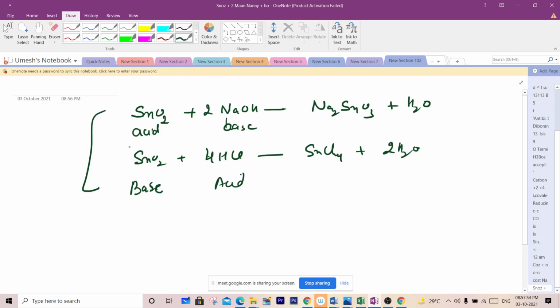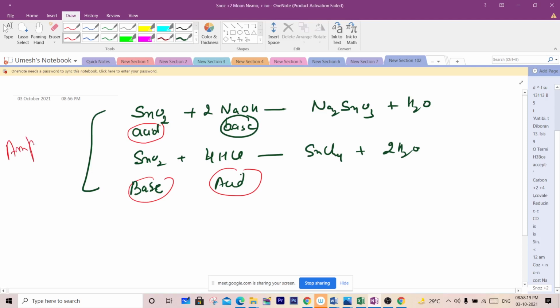Quick question. You said it's amphoteric. With sodium hydroxide as a base, SnO2 acts like an acid. And HCl is an acid, so it is acting like a base. And that is why I say this oxide is amphoteric.